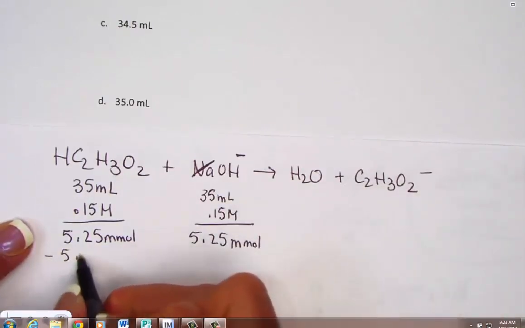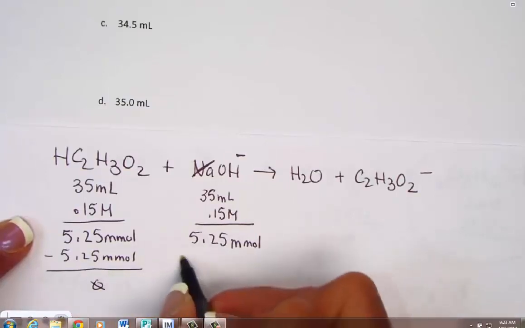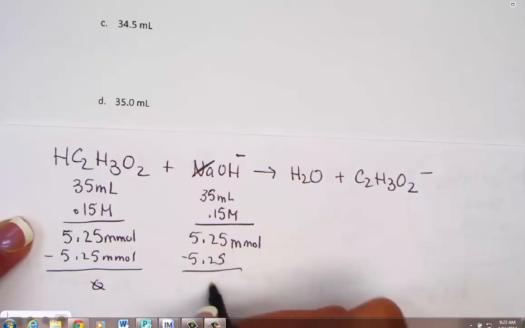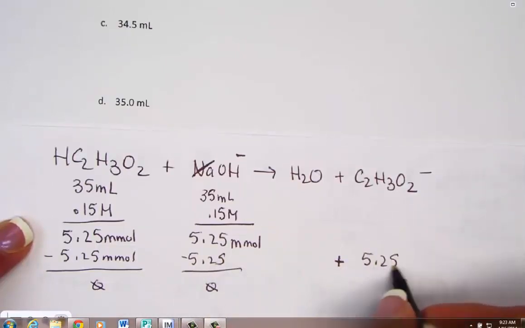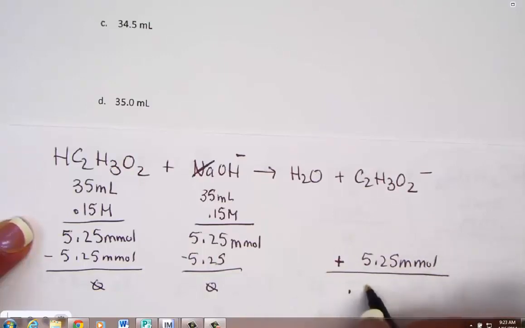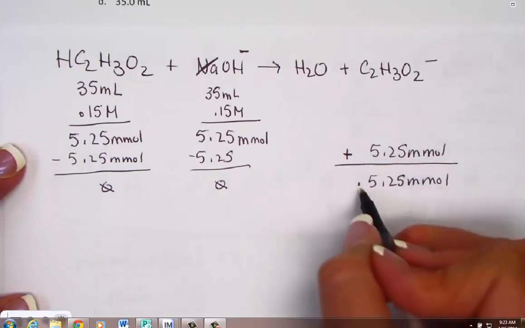So I know that the only thing left in solution, this is gone, this is gone, but we made 5.25 millimoles of the acetate. So in solution, we have something in there that is influencing the pH, and that's a hydrolysis problem.